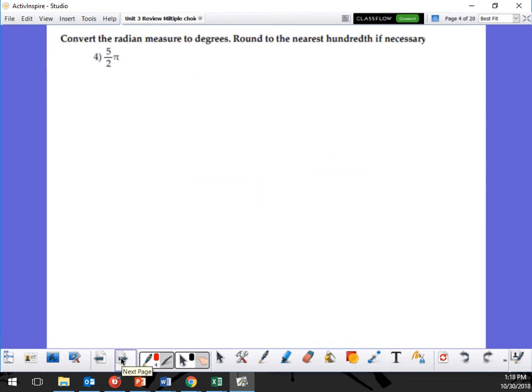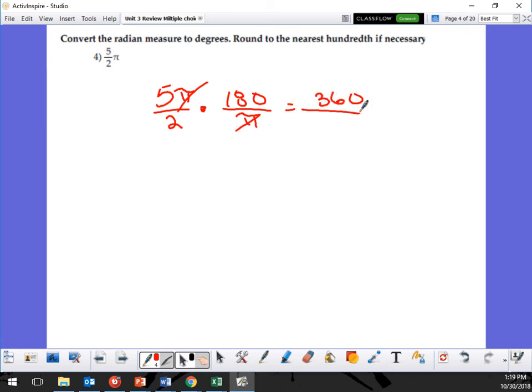Now this one is going to convert from radians into degrees. So 5 pi over 2 times 180 over pi. The pi cancel, so it's 360 over 2. Sorry, wrong one.